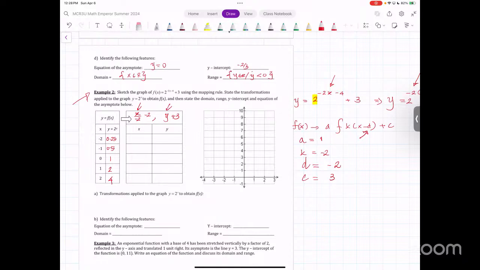Feel free to use a calculator, do the math. You're allowed at school. But I want to see the final graph, how that looks like.